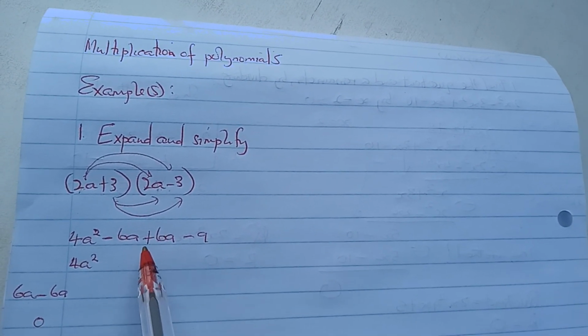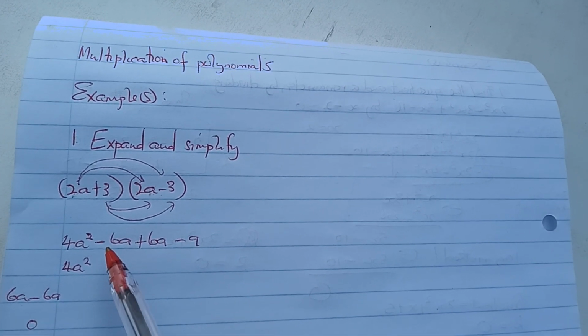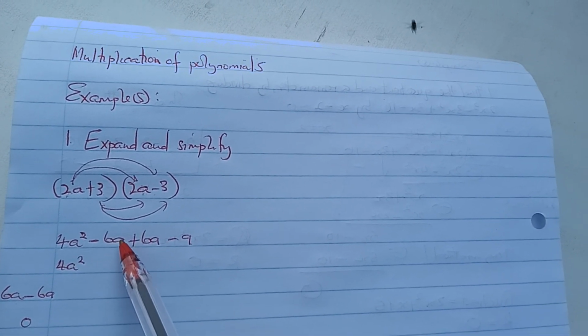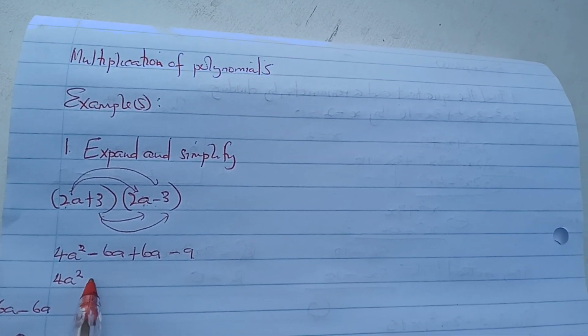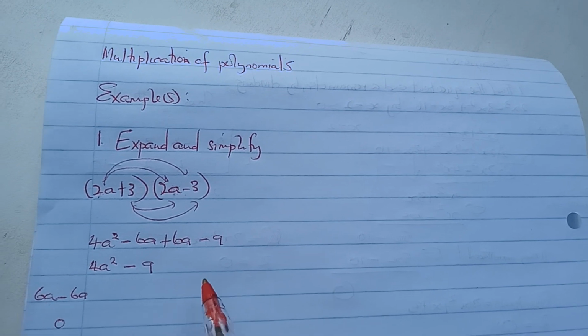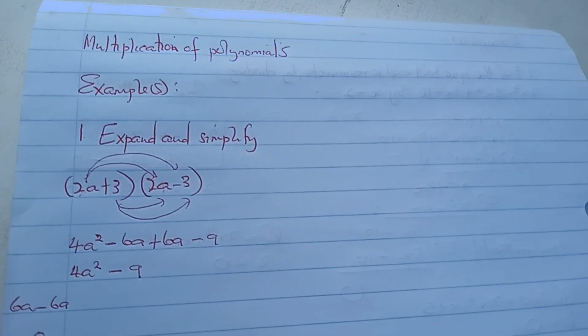So in other words, here we can see that a negative 6a plus a positive 6a is also 0. Okay, for this negative 9, we just bring it down here. So this is the answer for example 1.